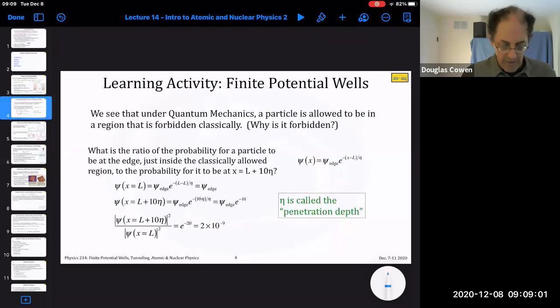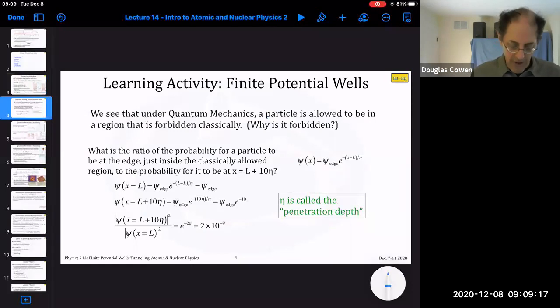And we calculated what's the probability relative to being right at the edge for a particle to be 10 penetration depths into the region that is classically forbidden, so into this orange region.